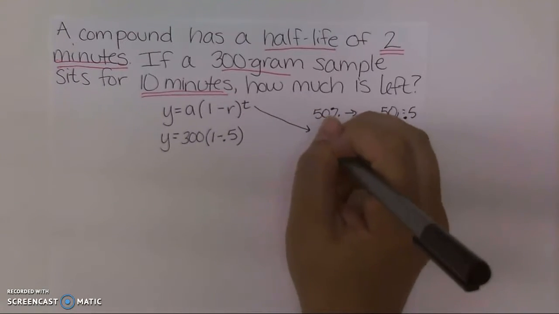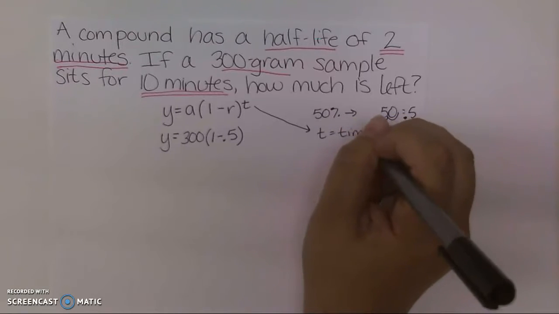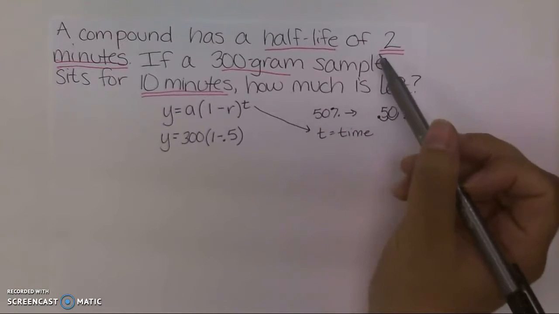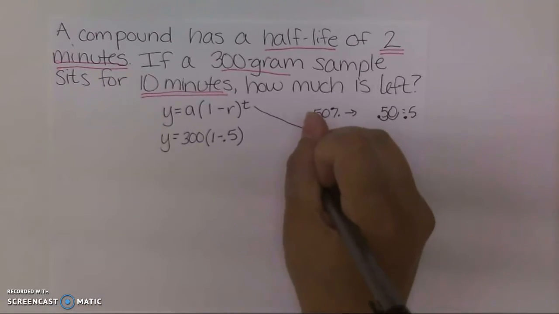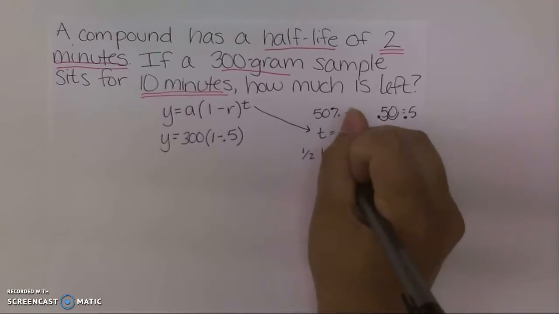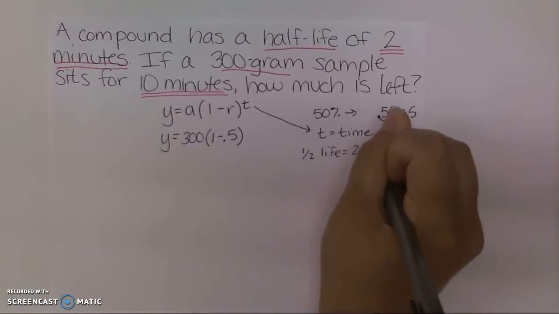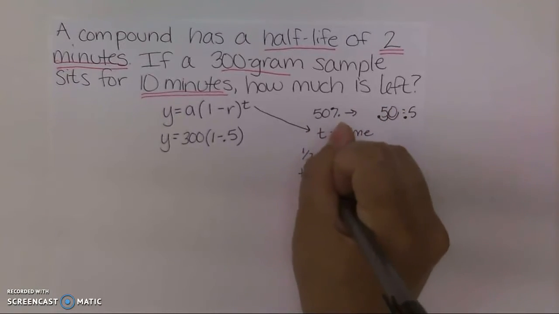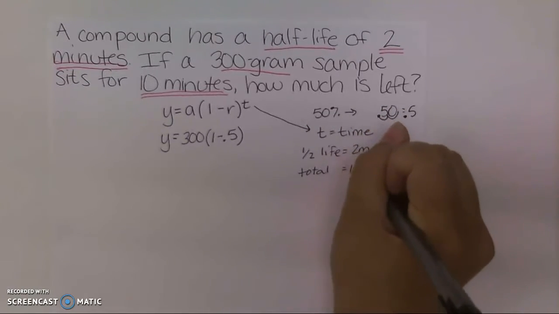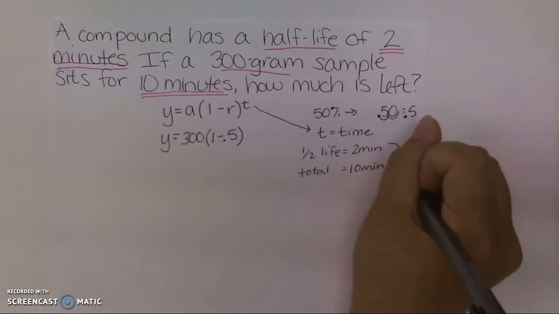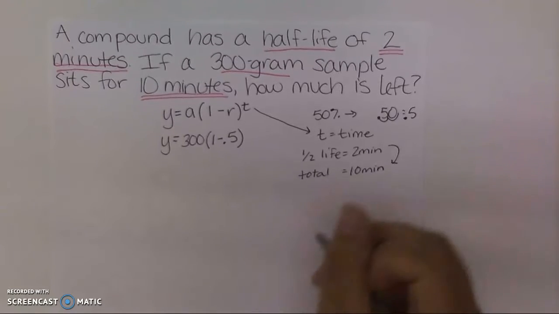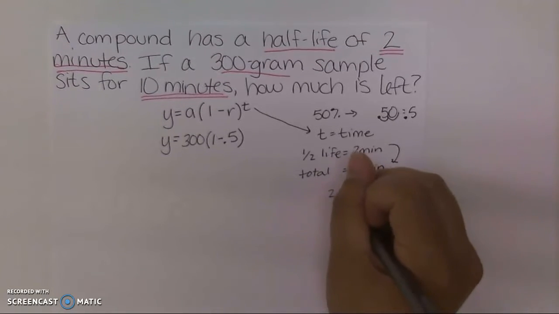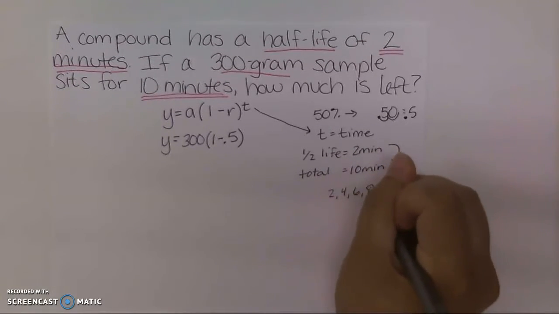The t stands for time, right? But remember our half-life is measured in a certain unit as well. So my half-life is 2 minutes. And if I have a total time of 10 minutes, how many half-lives are in 10 minutes? 5, right? 2, 4, 6, 8, 10, 1, 2, 3, 4, 5.